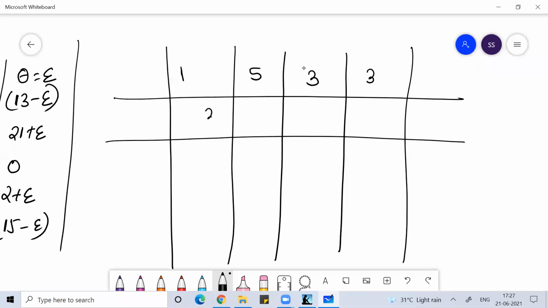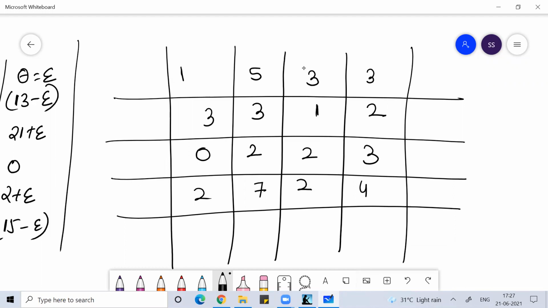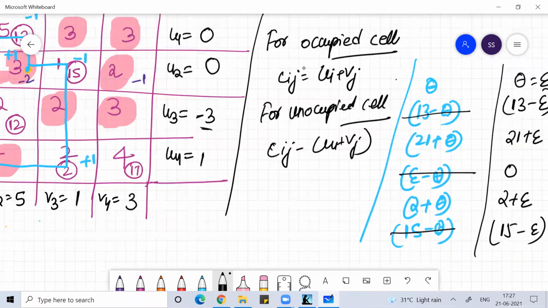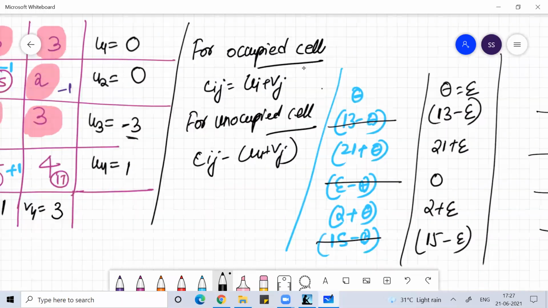Then you have 3, 3, 1, 2. Then you have 0, 2. Then you have 2, 7. Then 2, 4. And the allocation for 1, that is 21 plus epsilon.